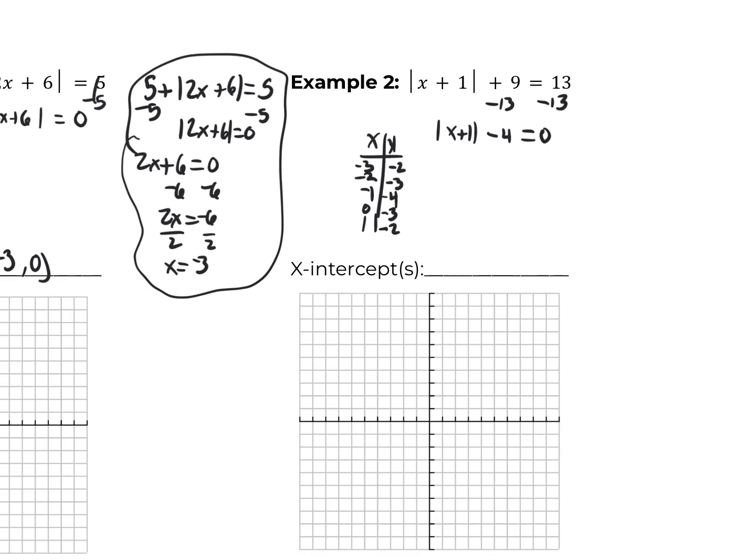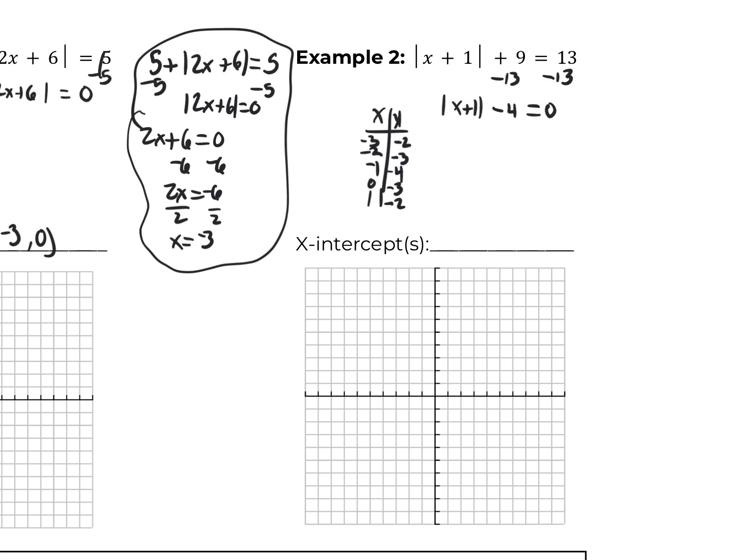Well, we're actually going to have to plot this out a little further than just 5 points. Looks like they're going up by 1, so what if we ran 3 through the function? 3 plus 1 is 4, 4 minus 4 is 0. So 3, 0. And if I did negative 5, plus 1 is negative 4, absolute value of negative 4 is 4, 4 minus 4 is 0.